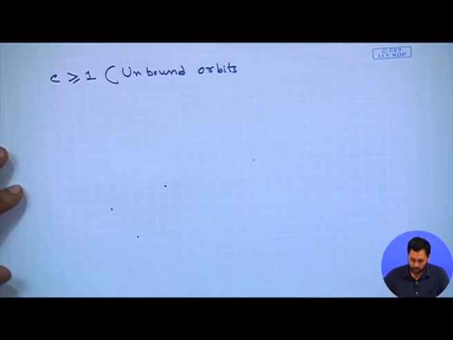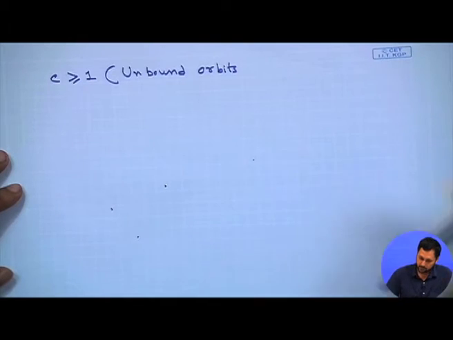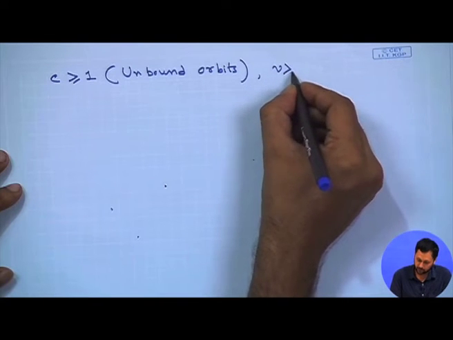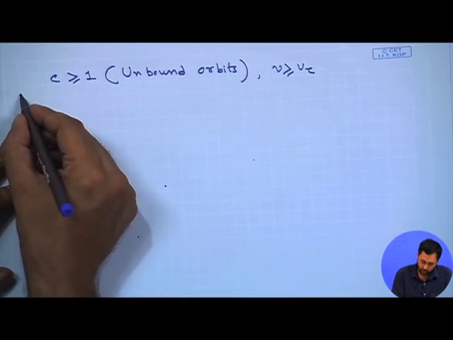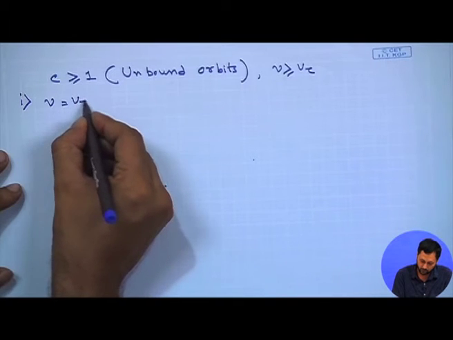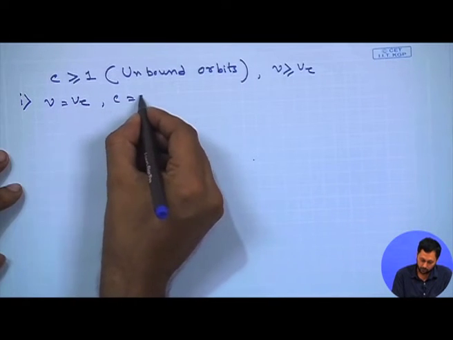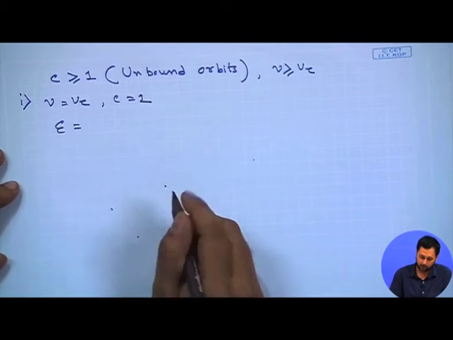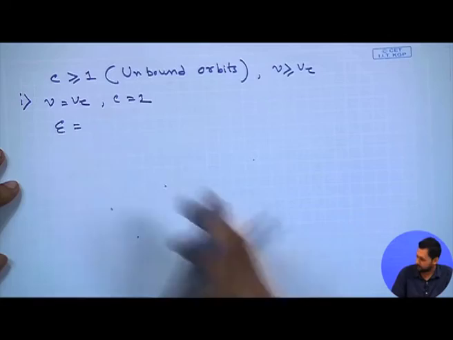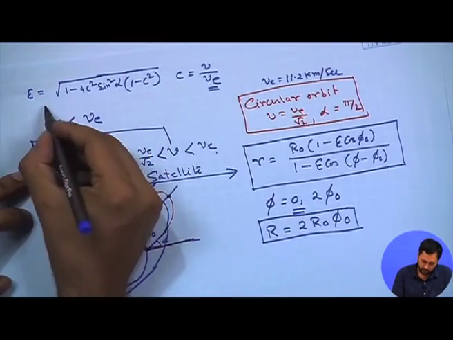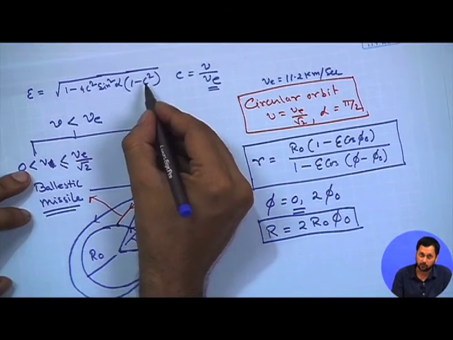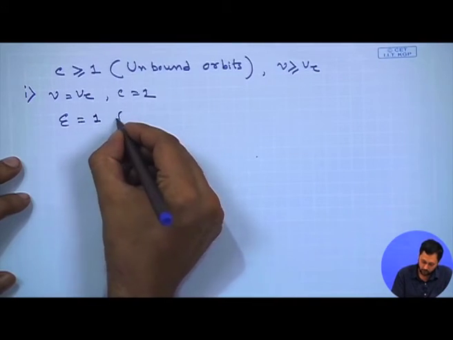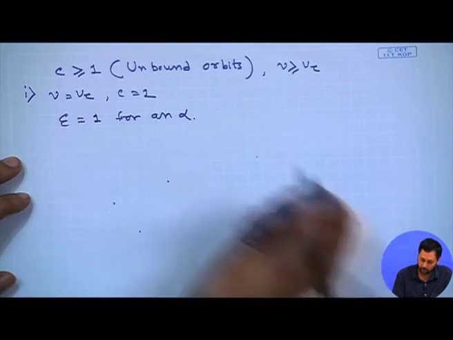Now, for an unbound orbit, which is given by c greater than or equal to 1 or v greater than or equal to ve, there are two cases. First case is when v is equal to ve, we get c equal to 1, and from the expression of eccentricity, if we put c equal to 1, the second term will vanish and we get epsilon equal to 1 for any alpha.